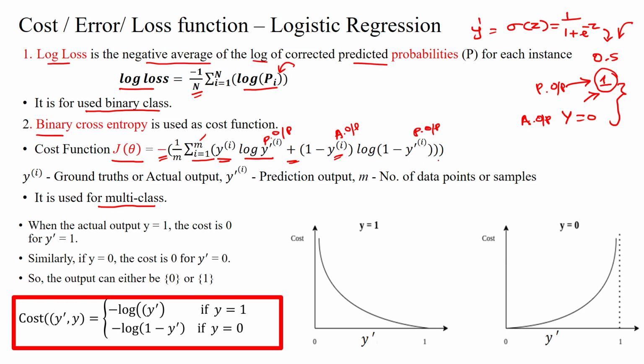So this is called binary cross entropy. Here yi is the actual output of the ith sample, the predicted output of the ith sample is denoted by y dash, and m is the number of samples.